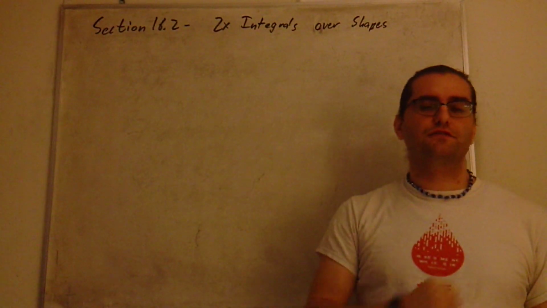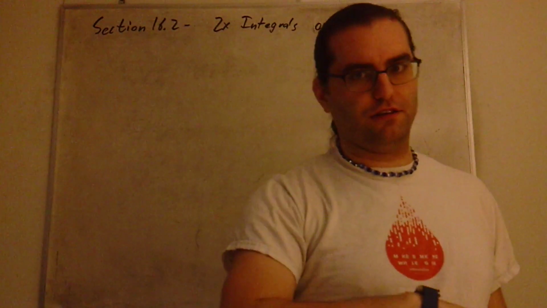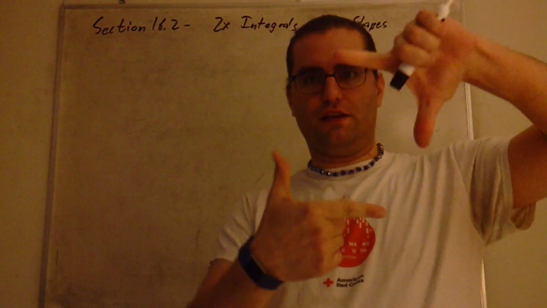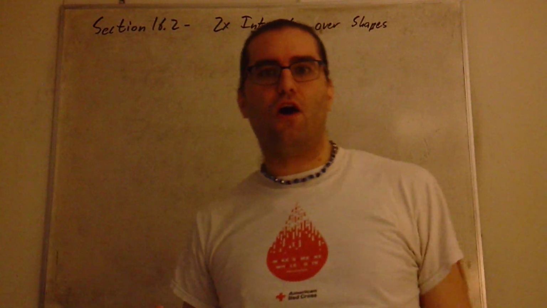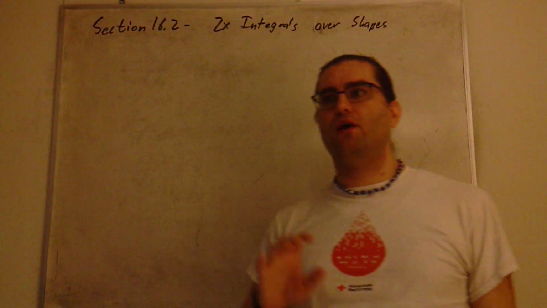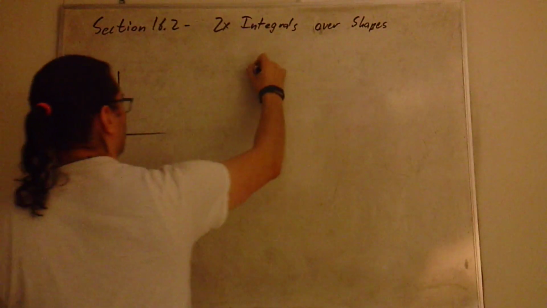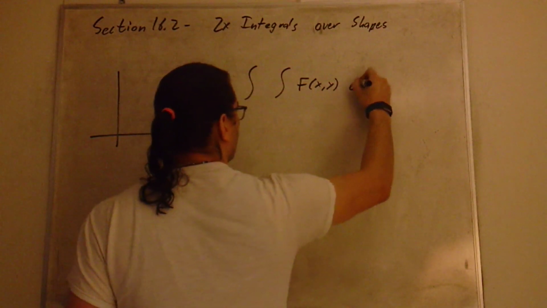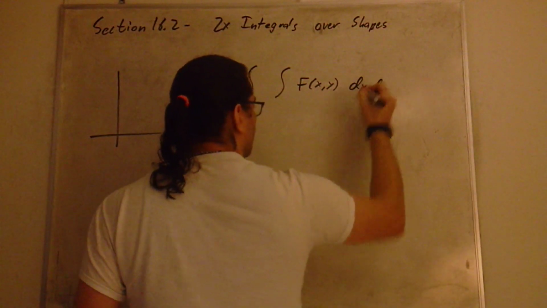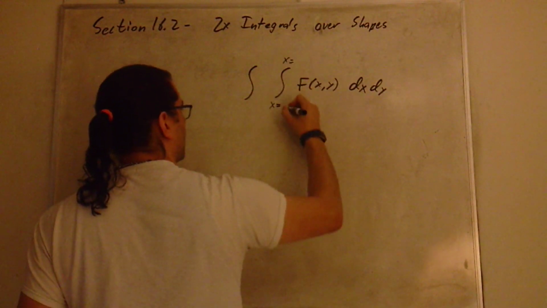The big difference today is, in the last section, the regions were all rectangles. They were very square. They had nice right angles, all rectangles all the time. Because all of our regions on the xy plane were defined by dx, dy, and x and y were always constants.